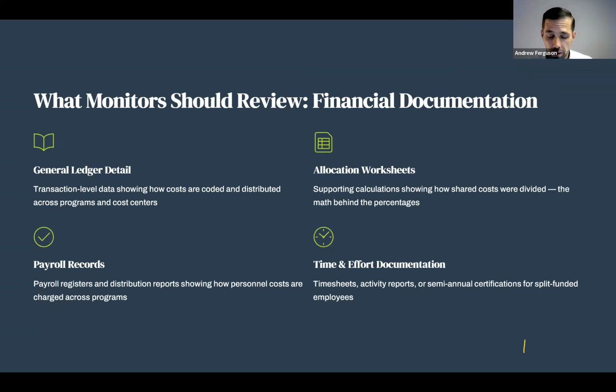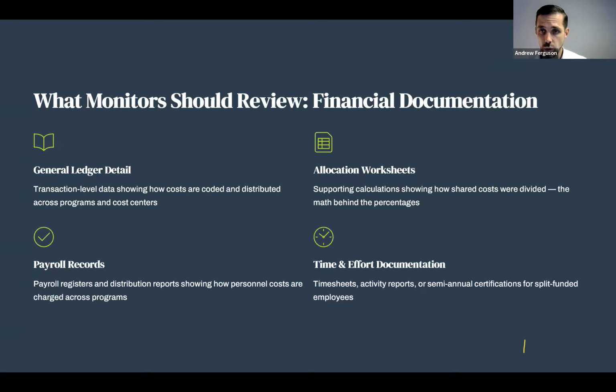Utilities are great because they're recurring. They almost always have to be allocated, and are rarely directly charged. With them being monthly, we would pick one to three months' worth and make sure that what they're saying in their plan is being done.